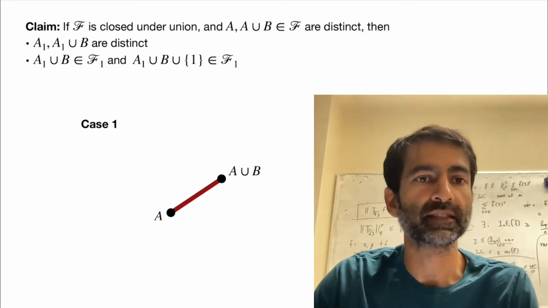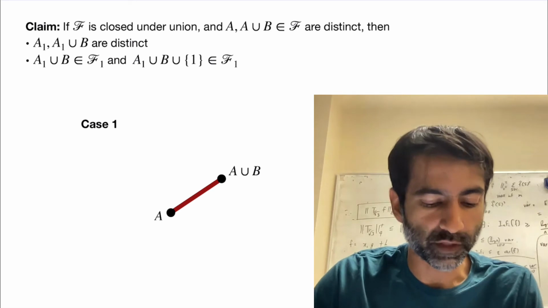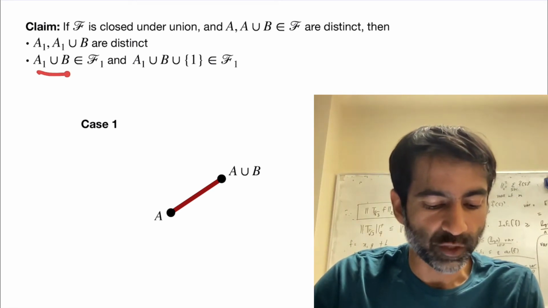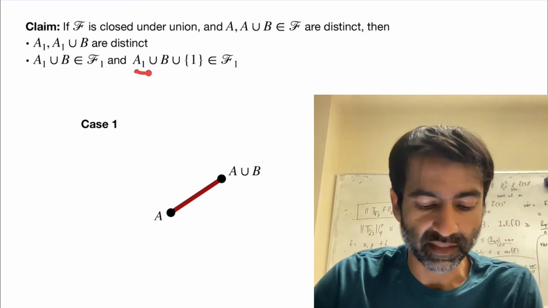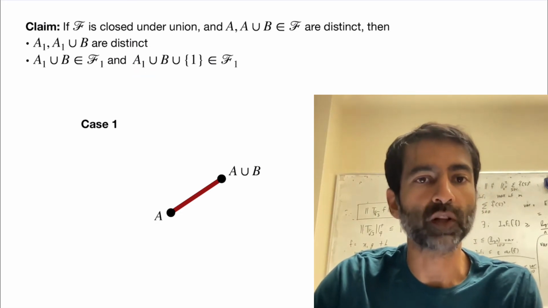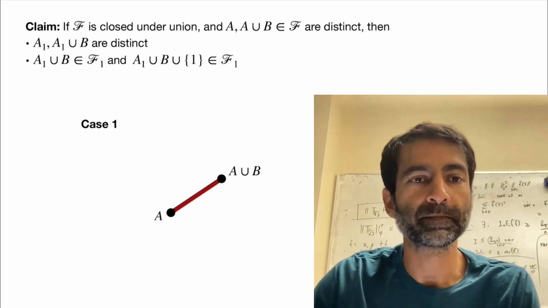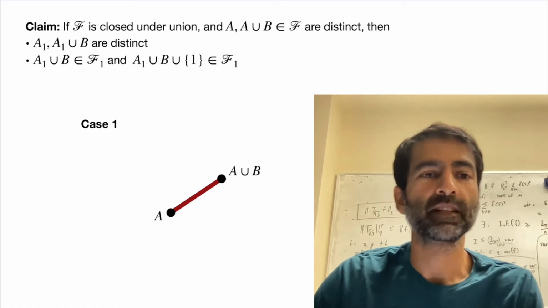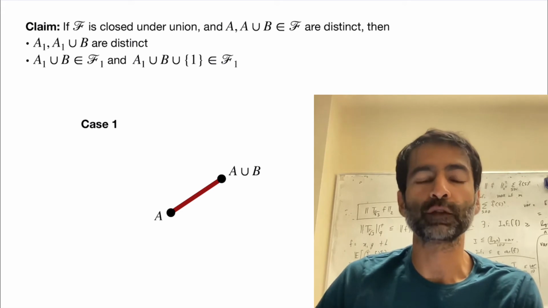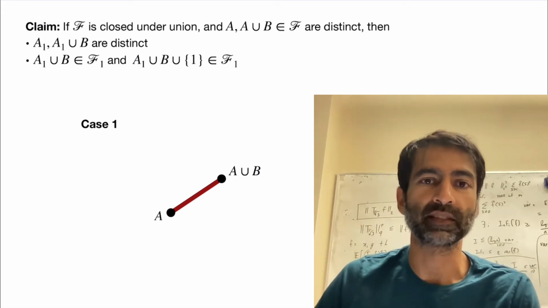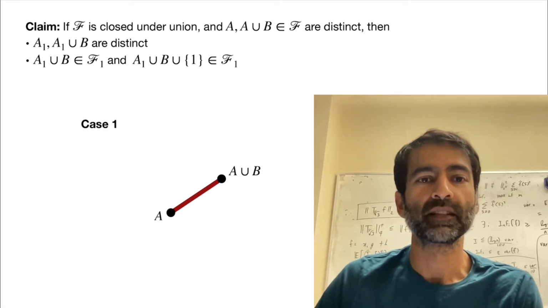That's the first claim. And moreover, the set A1 union B will belong to the new family, and the set A1 union B union 1 will also belong to the new family. This is the key technical claim. And this claim is actually extremely powerful. It has all kinds of consequences, as we'll see. But let's first try and prove the claim.